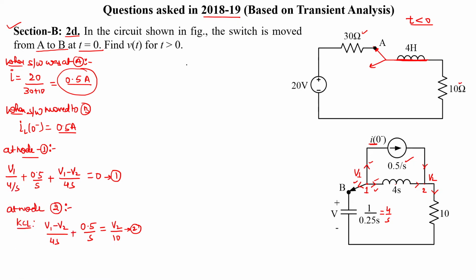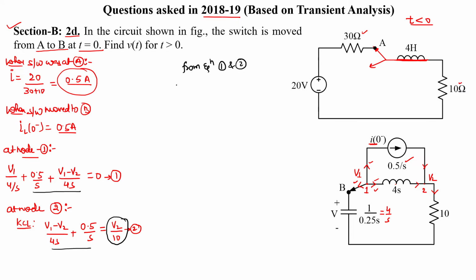From both the equations, first and second, with proper manipulation: V1 divided by 4 by s plus 0.5 divided by s plus (V1 minus V2) divided by 4s equals 0. You can see that this value and this value are equal to this one.